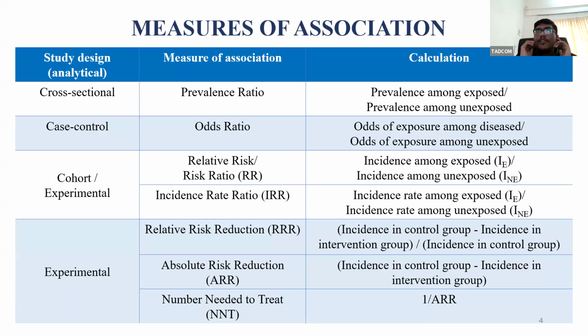If odds ratio is 2, how do we give the interpretation? We tend to give it in this manner. For example, if odds ratio is 2, cases have 2 times higher odds of being exposed when compared to controls. That is the inference we give.